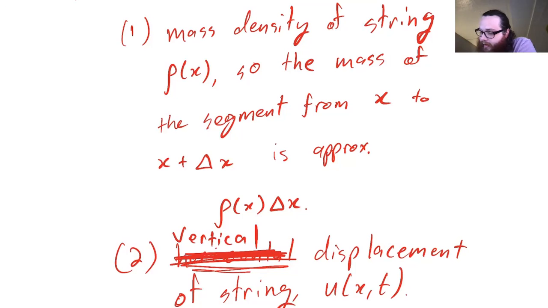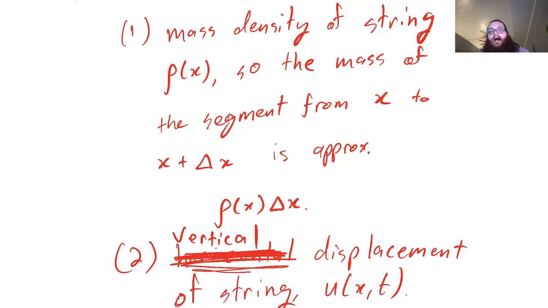Why might we expect mass to play a role? Well, if you have a piece of yarn or thin string, tie it between two ends, pluck it, and let it go, it's going to vibrate fairly quickly. On the other hand, if you have something like a cable holding up a bridge, or some massive cable, and you displace it and let it go, it's going to oscillate a lot more slowly.